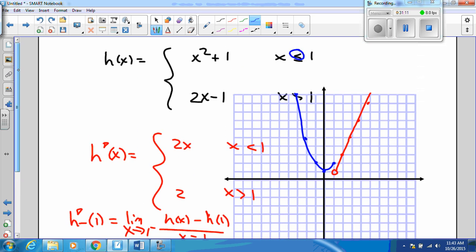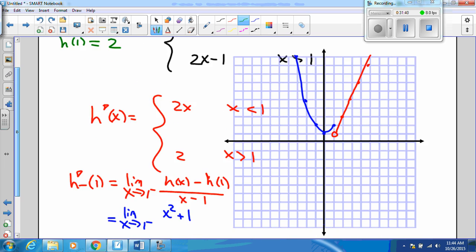And for h of 1, I'm going to come back and use the piece that applies when x is equal to 1. And that piece is 1 squared plus 1. If it helps you, and I think it does help students, before you get computing, compute what h of 1 is equal to. What is h of 1 equal to? 2. Right. And so that value is the value that you're going to use for h of 1. Because if h of 1 is 2, then gosh darn it, h of 1 is 2.